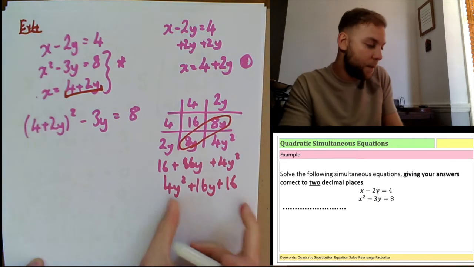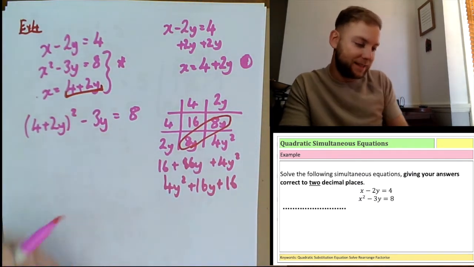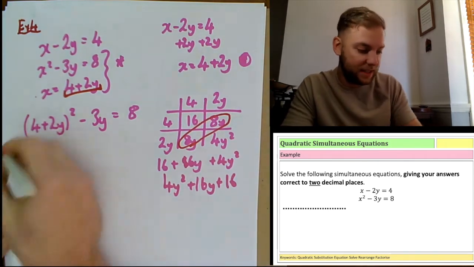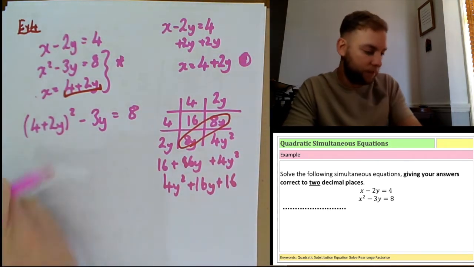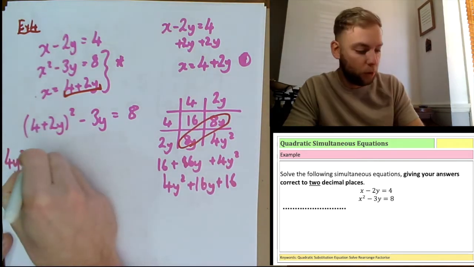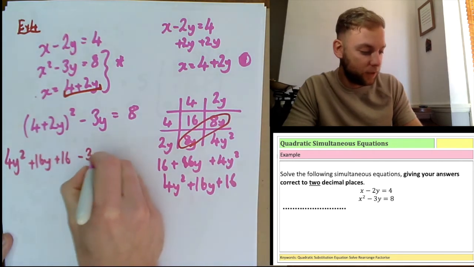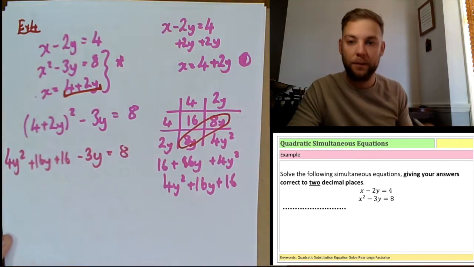Brilliant. So I remember this is that bracket. So now I'm substituting that back to there. So all of this is equal to, doesn't matter which way we've done it round, 4y squared plus 16y plus 16 minus 3y is equal to 8. Super.